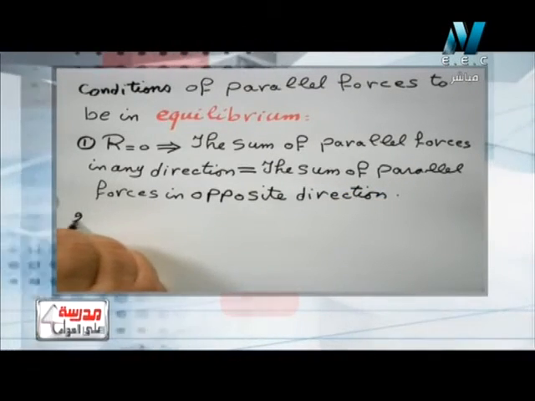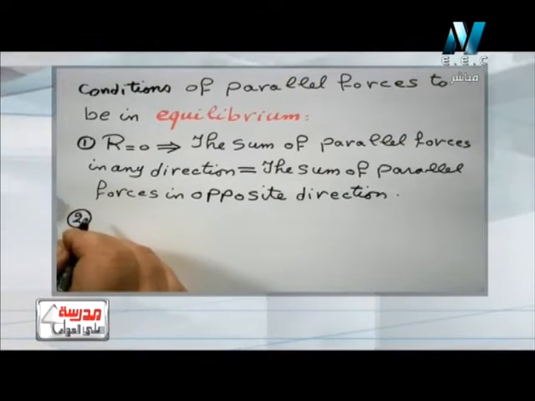Condition two: from the previous episode we have a law that the algebraic sum of moments of these forces around any point in the plane equals the moment of their resultant around the same point. But the resultant equals zero.